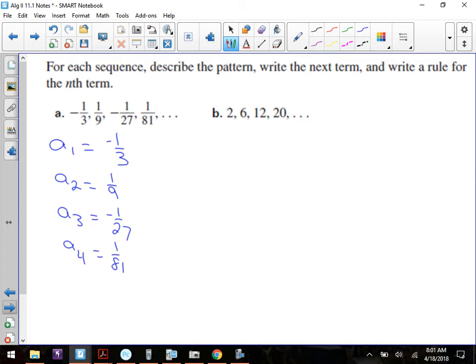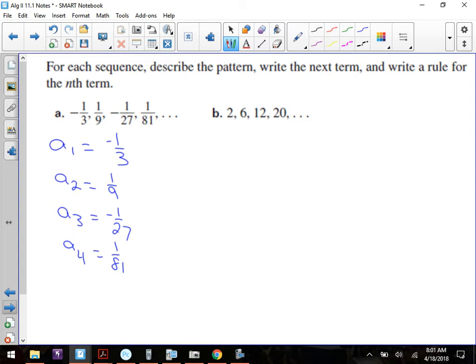Now, when I look at it like that, I'm trying to figure out, and it's kind of nice that I just mentioned, notice how these signs have alternated, which meant that somehow you had to mess around with your exponents. Also, even though it's fractional, how do you go from 3 to a 9 to a 27 to an 81?